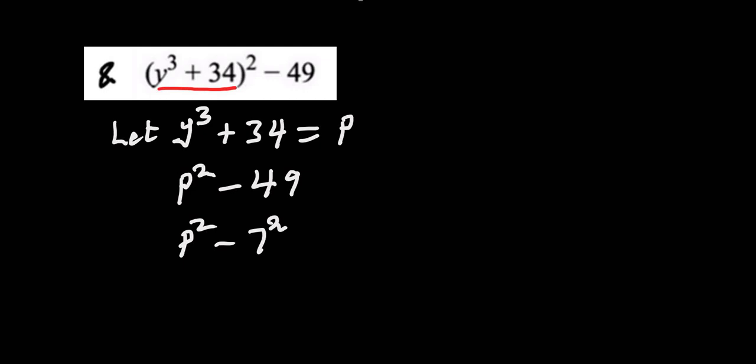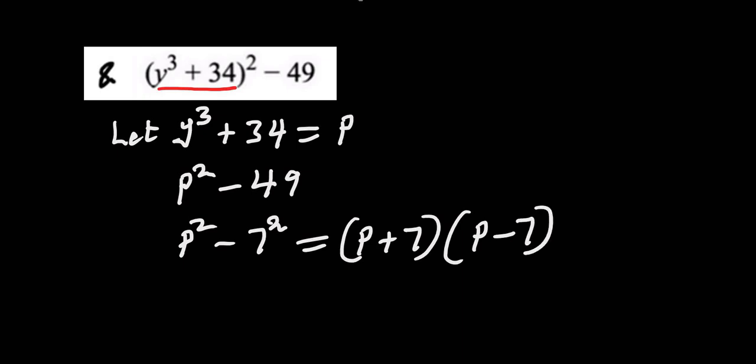So this automatically is a difference of squares, and I'm sure you are familiar with difference of squares. So this will automatically give us P plus 7 and P minus 7.